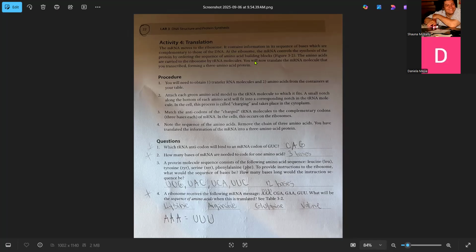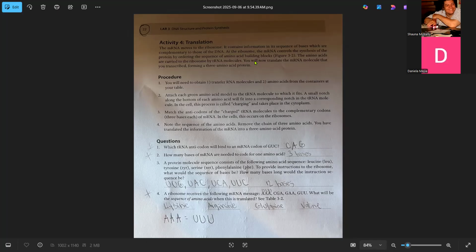So this coded piece of protein is going out to the ribosome. It's carried by messenger RNA. Then it gets transcribed, it gets written, and then it gets translated.